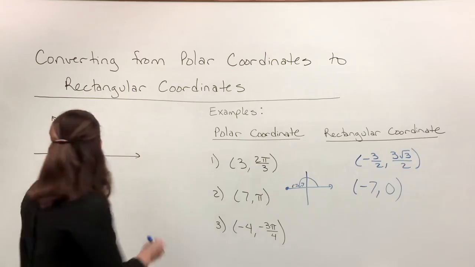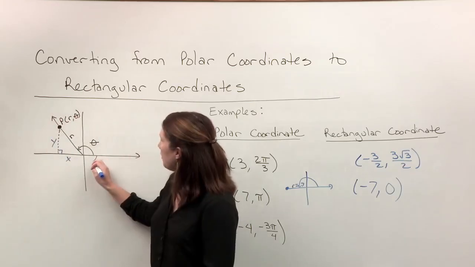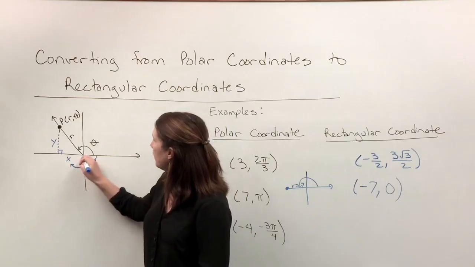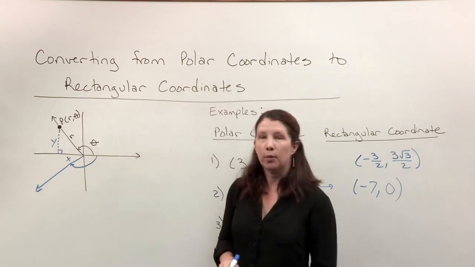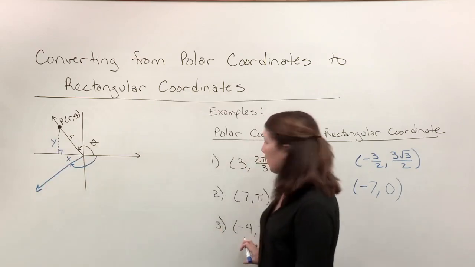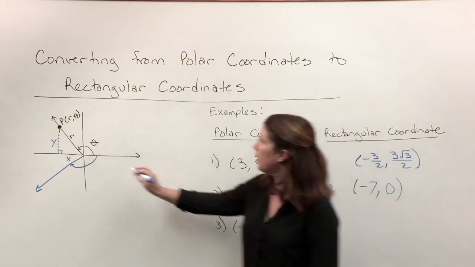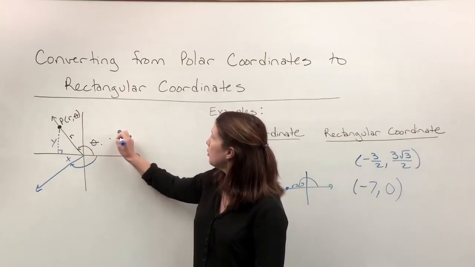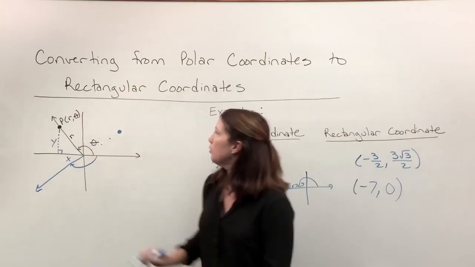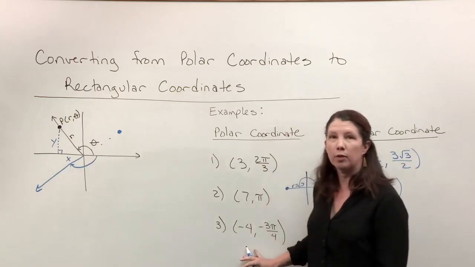Negative 3 pi over 4 would mean rotate 3 pi over 4 radians in the negative direction, which would put me in quadrant 3. An r value of negative 4 would mean I would move 4 units in the opposite direction. So I see that this point is in quadrant 1.